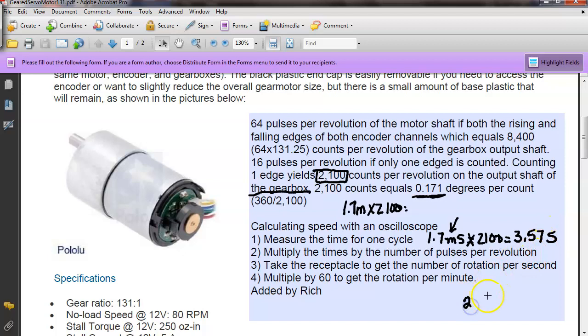Then we take 3.557, right? 3 point, and then we take the reciprocal of that. 208.80.